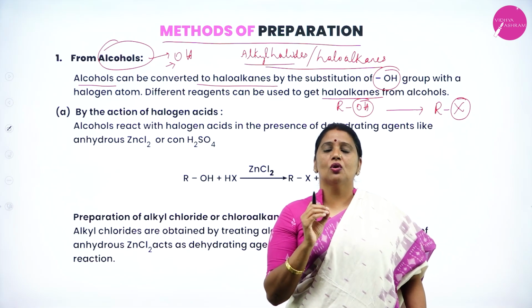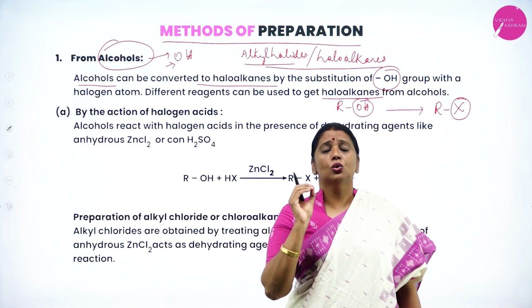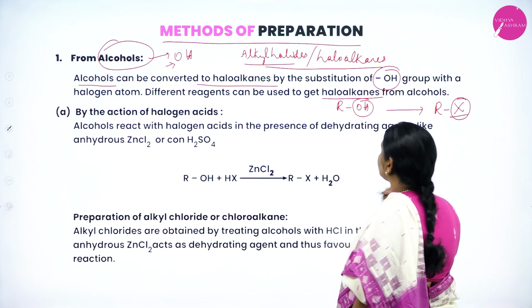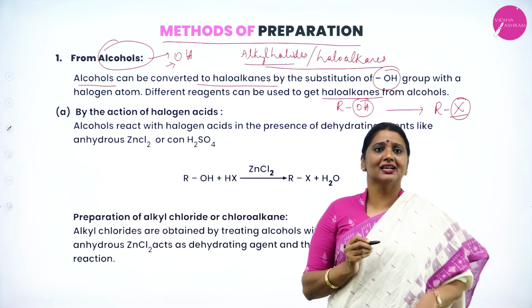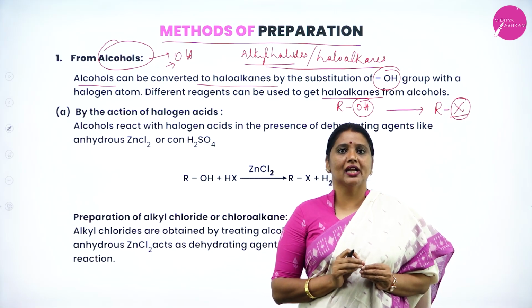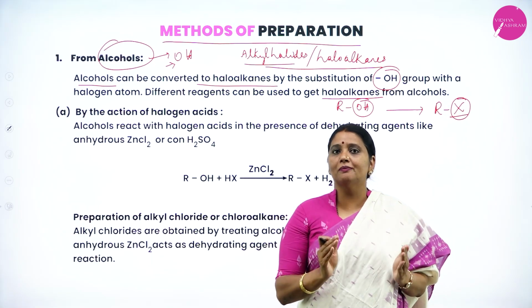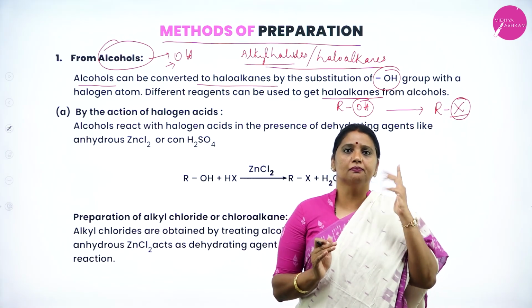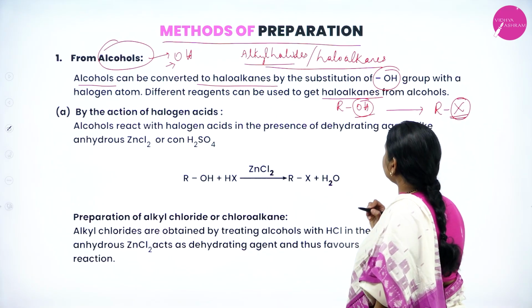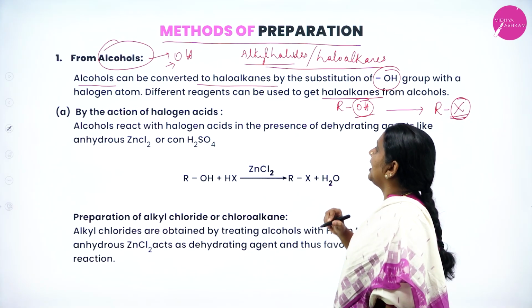General formula of alcohol is ROH. So, if the OH group of alcohol is replaced by capital X, what is capital X? Already I explained in session 1, capital X is halogen atom, fluorine, chlorine, bromine, iodine. If OH is replaced by X, we'll get haloalkane.